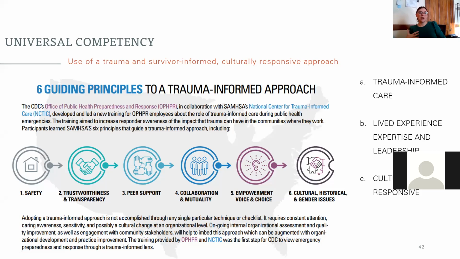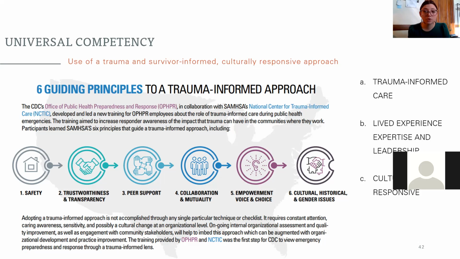So there are 6 guiding principles to having trauma informed approaches. The CDC's Office of Public Health Preparedness and Response, in collaboration with, the acronyms are really hard for me, SAMHSA's National Center for Trauma Informed Care, developed this training opportunity for professionals about how to stay trauma informed in public health emergencies.